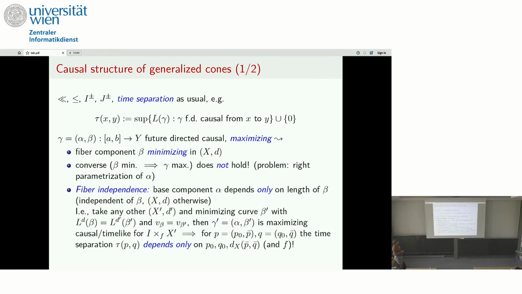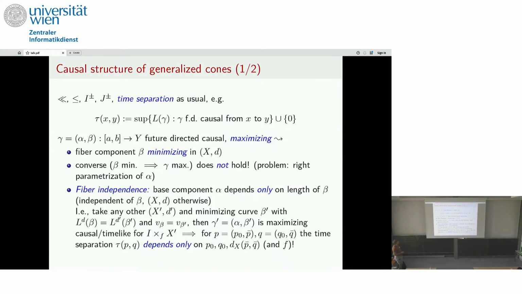It actually doesn't depend on the metric space. So if you take another metric space and another minimizing curve, which has the same length, the same speed, then this new curve where you just replace beta with beta prime is maximizing causal time-like in this generalized cone where you replace X with X prime.